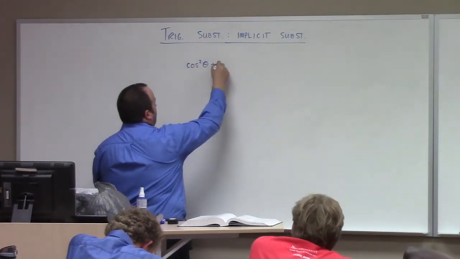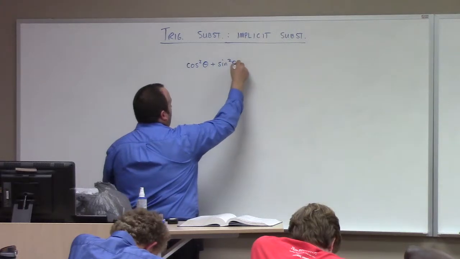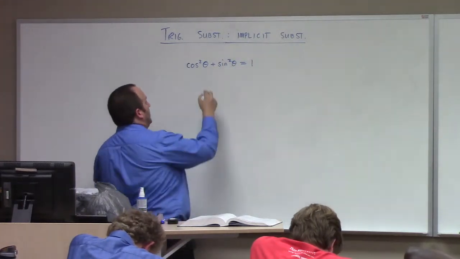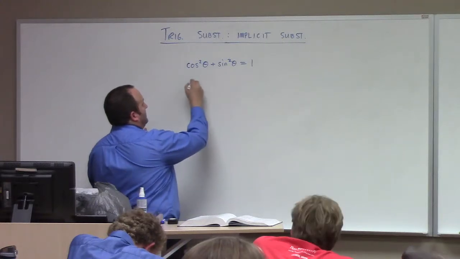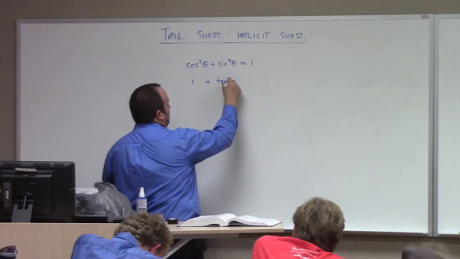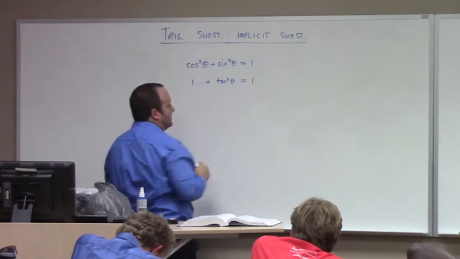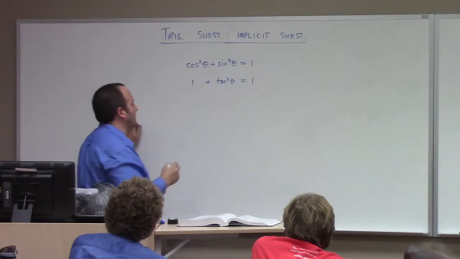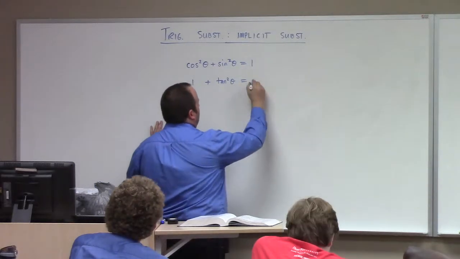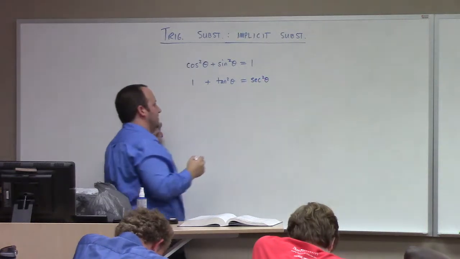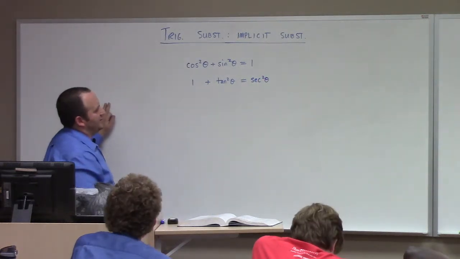Cosine squared plus sine squared theta equals 1. Right? That's one identity that we know. Another one is what? How about 1 plus tangent squared theta equals secant squared theta?